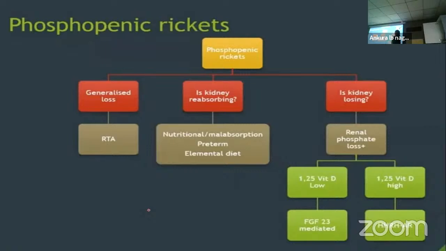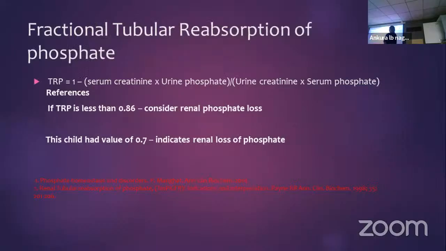In that there are two types. In FGF23 mediated, 1,25 hydroxy vitamin D will be low. The other type, which is associated with hypercalciuria, has 1,25 hydroxy vitamin D on the higher side. In my child, we performed fractional tubular reabsorption of phosphate.